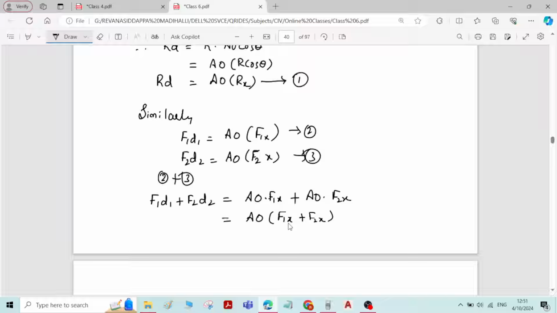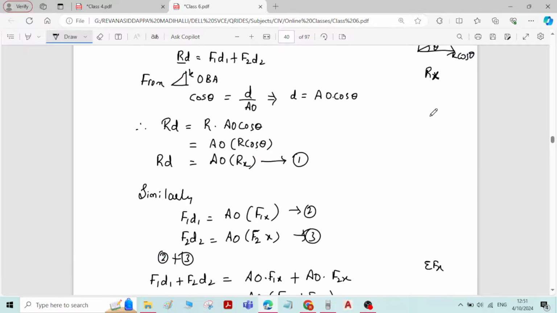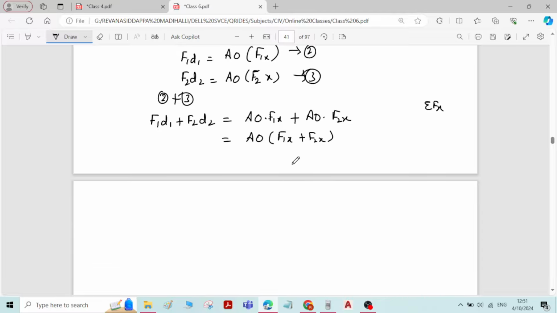F1x is the horizontal component of the force F1, F2x is the horizontal component of the force F2, which means it is sigma Fx, and that sigma Fx is equal to the horizontal component of the resultant force Rx. Therefore you can directly replace F1x plus F2x with Rx. Therefore F1 D1 plus F2 D2 is equal to AO into Rx.